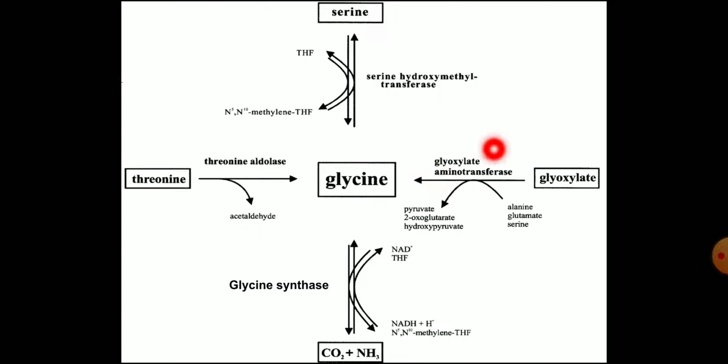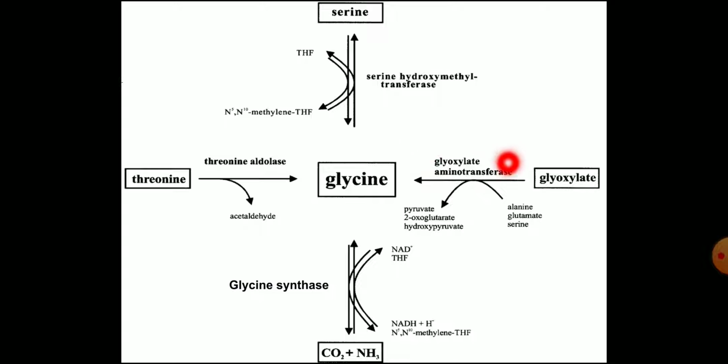Then the fourth method is from glyoxylate. Actually glyoxylate is a product of glycine metabolism, and glyoxylate undergoes transamination. You have studied the transamination reaction in the urea cycle, right? So transamination of glyoxylate with alanine produces glycine plus pyruvate, or glyoxylate plus glutamate produces alpha ketoglutarate and glycine, or glyoxylate plus serine produces hydroxypyruvate and glycine.